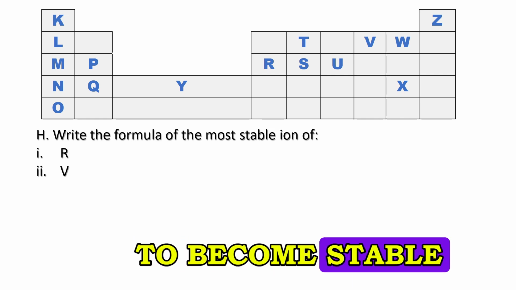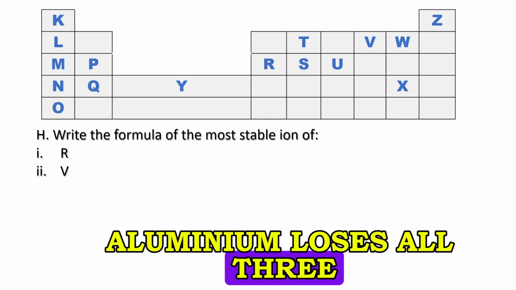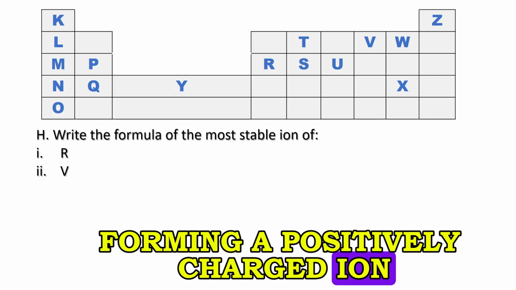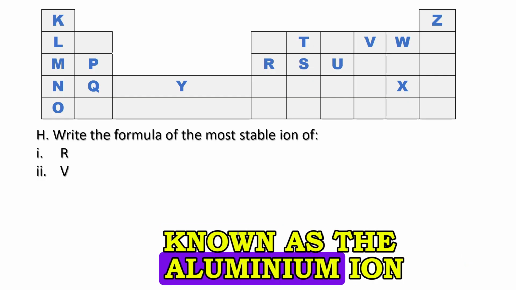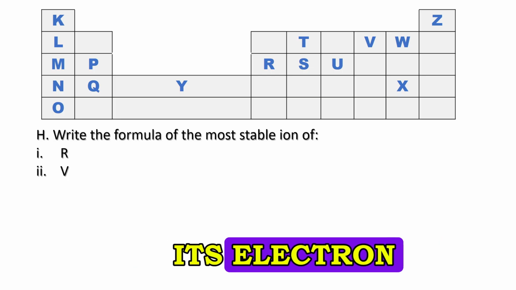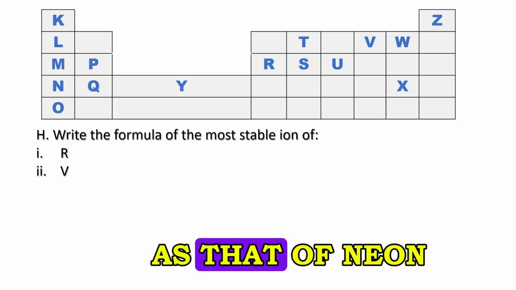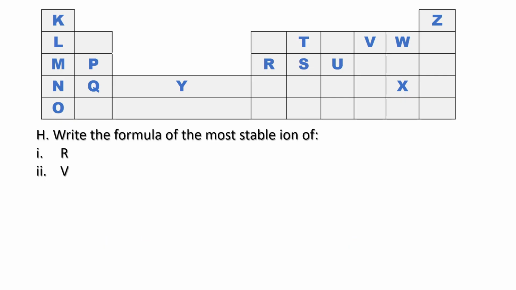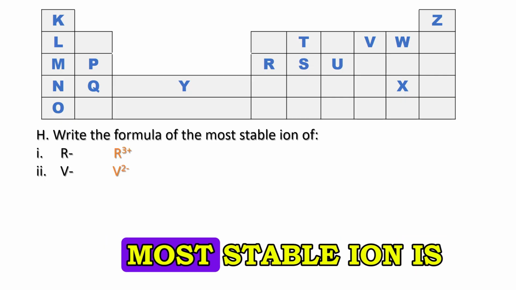To become stable, aluminium loses all 3 of these outer electrons, forming a positively charged ion known as the aluminium ion. When it loses those 3 electrons, its electron arrangement becomes the same as that of neon, a noble gas, which is completely stable. Therefore, the formula of its most stable ion is Al3+, or R3+.